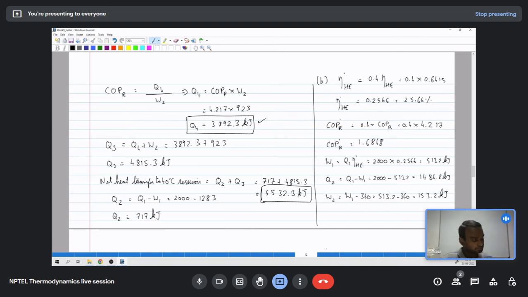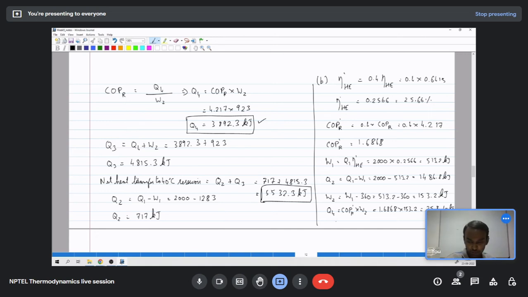Now we can calculate Q4. Q4 is COP dash into W2, where the new COP is 1.6868 and W2 is 153.2. So that is 258.42 kilojoules.